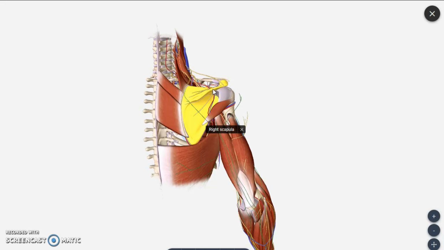So the scapula posterior surface has two processes, one present just behind, that we will call as spinous process, and laterally we have acromion process, which is going to articulate with the anterior bone, that is clavicle. So this joint we will call as acromioclavicular joint. That's all about the details you have to know about the bones here.